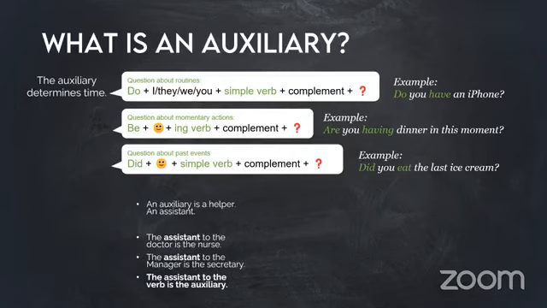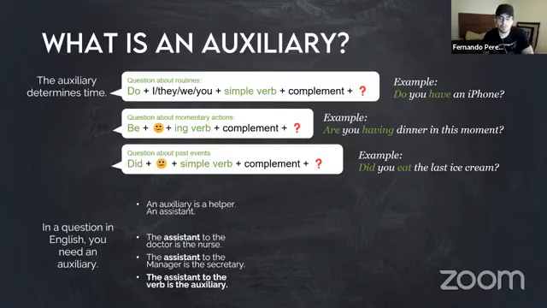I see 3 different times, corresponding to 3 different auxiliaries. And the auxiliaries correspond to 3 different forms of the verb.